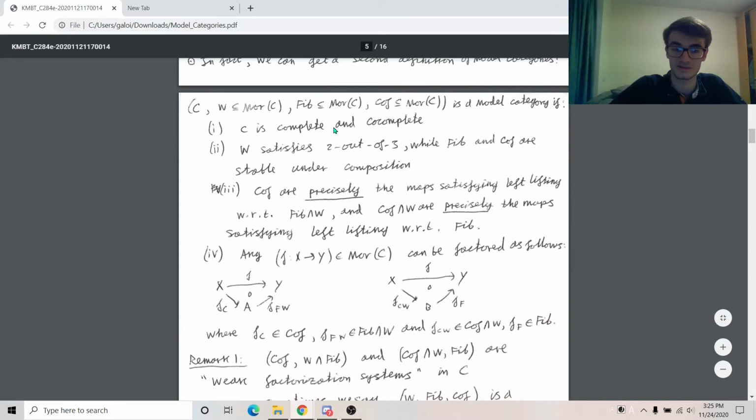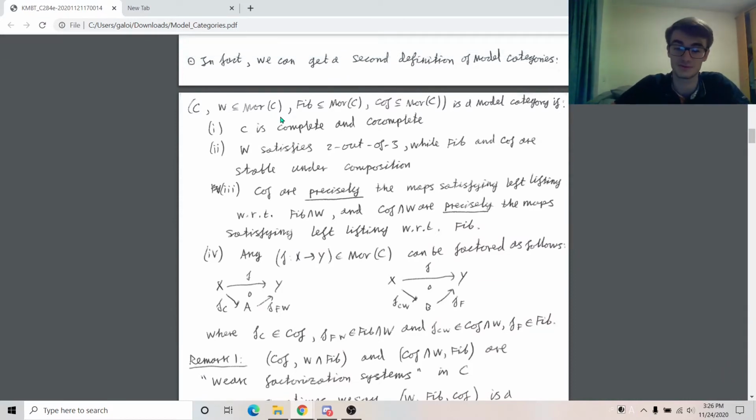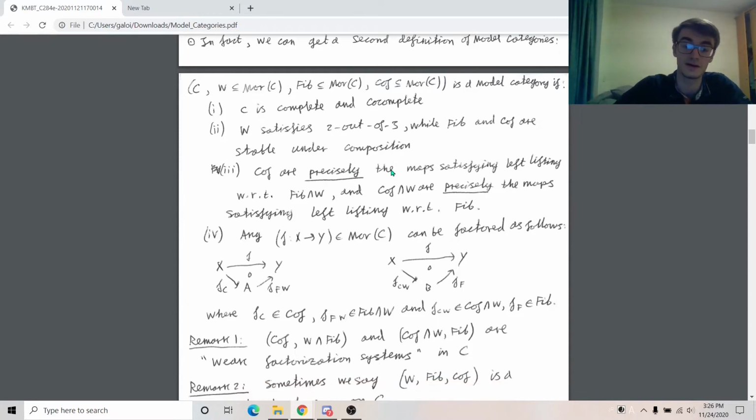So I've written the definition here. In fact, a model category is a category C with three classes of morphisms: W, fib, cof, so that again, C is complete and co-complete, W satisfies 2 out of 3, and fib and cof are stable under composition. Now you can get rid of the retracts property, and you can strengthen the lifting property into the following property.